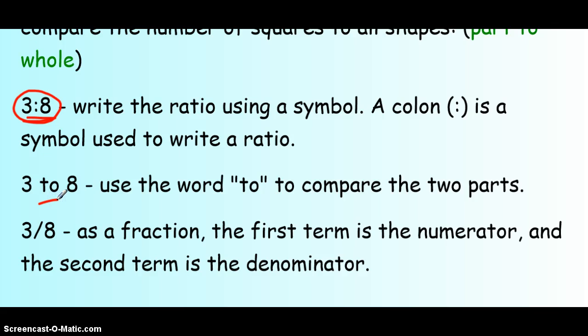We use the word to compare the two parts, 3 to 8. And the third way we can write a ratio is as a fraction. So we write 3/8, just as we would write a fraction. The first term is the numerator, and the second term is the denominator.